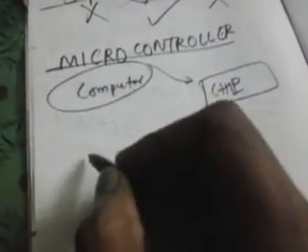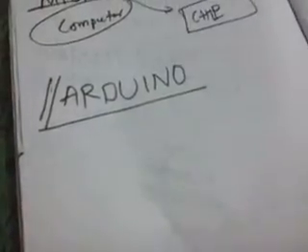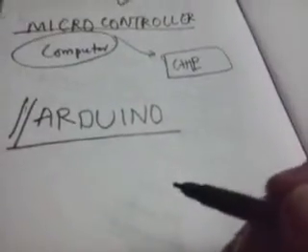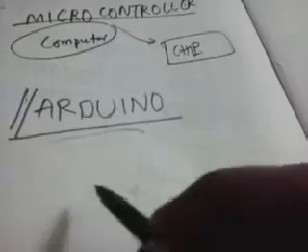So we need to confine our discussion to a single microcontroller board, which is known as Arduino. In the following lectures, we will discuss the significance of Arduino, the hardware implementation, how the hardware architecture of Arduino is made, and how we are going to write code in the Arduino IDE, the Arduino integrated development environment. Later we are going to construct a robot using these basics of Arduino.